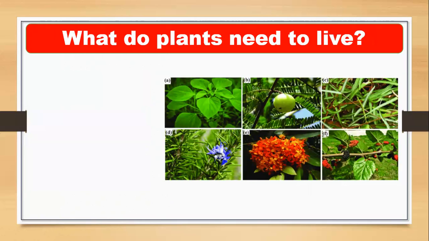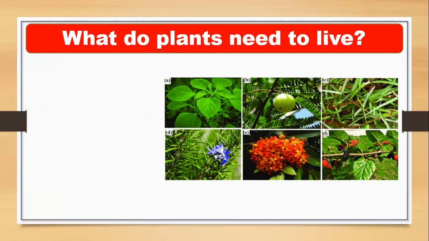Now here is the next slide. What do plants need to live? As you can see in the picture, there are small and big plants and they are green. Why are they green? Because the plants have a good amount of water.